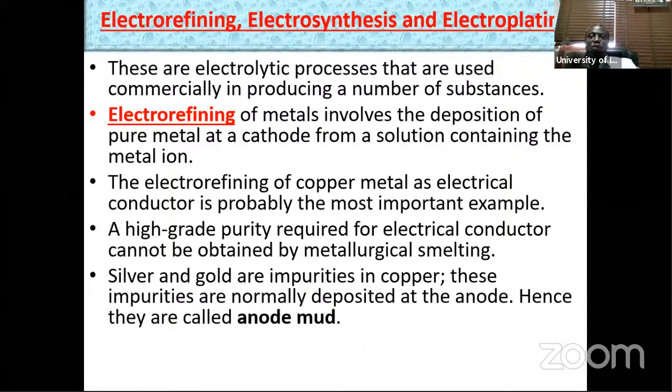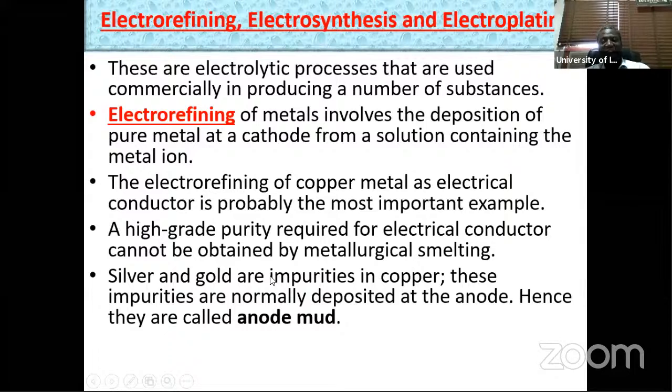You know, if you just take raw copper, you melt it, you have good copper, but it's not going to be as pure as the one you can use to conduct electricity. So normally when you have raw copper and you do this kind of thing, what you have at the end is that you have some impurities there that are like silver and gold.